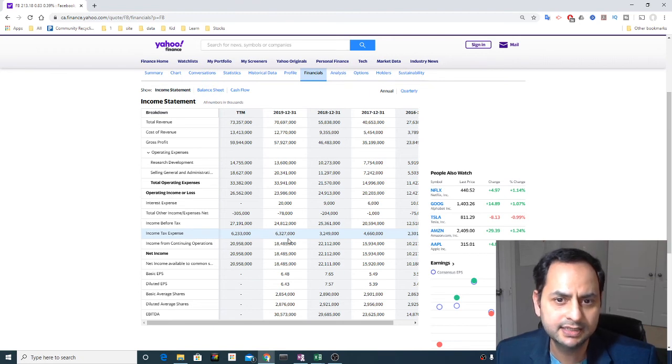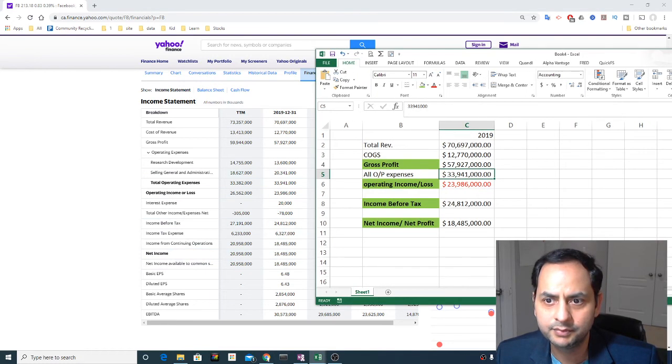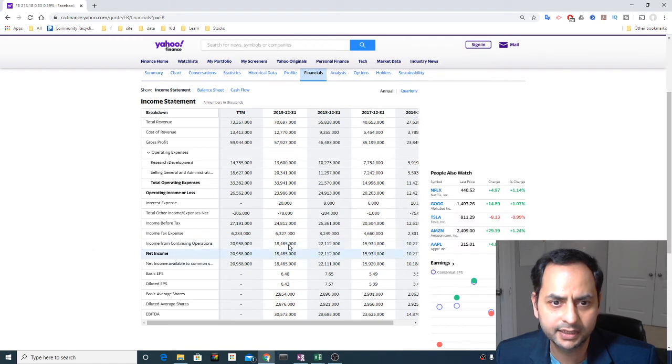So income tax expenses jump as well. That's why my net income in 2019 dropped. It dropped because of two reasons, SG&A and the income taxes. So that's basically how we're looking.